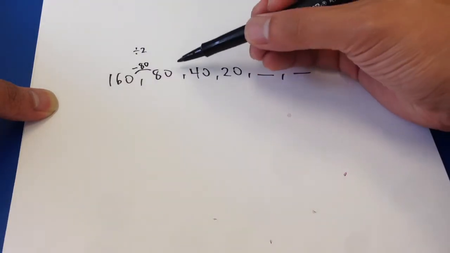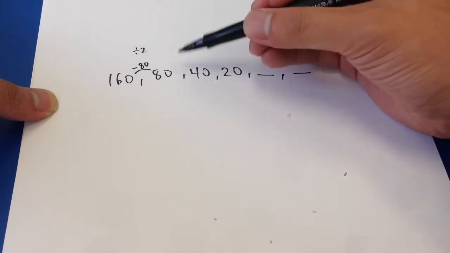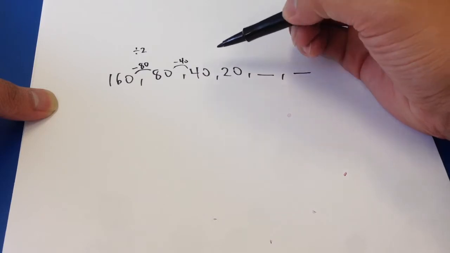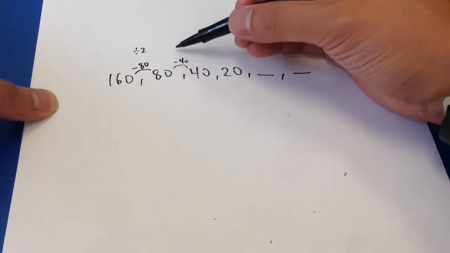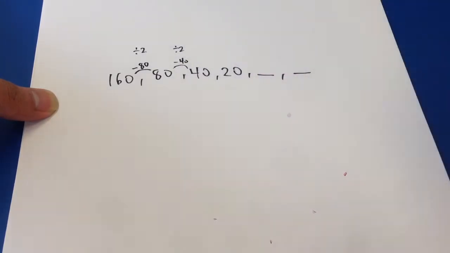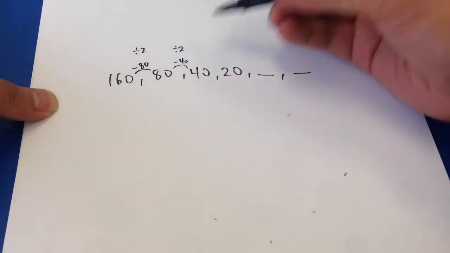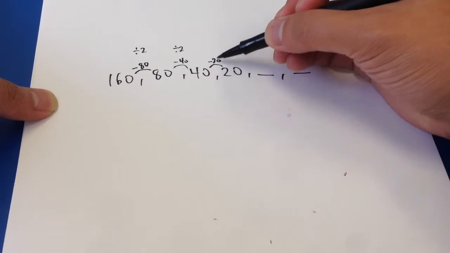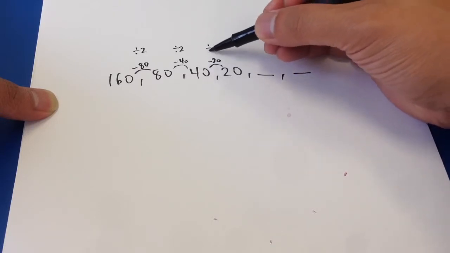So I'm going to go to my next numbers in the sequence. From 80 to 40, I could subtract 40 from 80 to get 40, or I could also divide by 2. So I'm already thinking, okay, I see two similar ones. Next, from 40 to 20, I could have subtracted 20, but I could have also divided by 2.